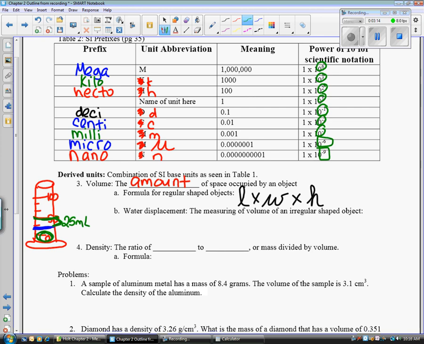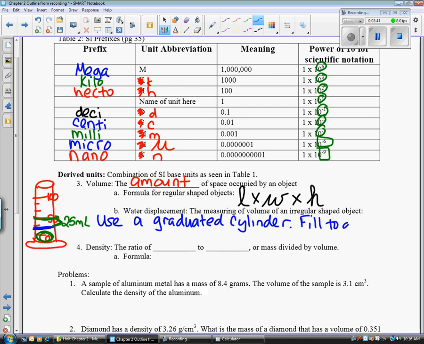So water displacement is where we use a graduated cylinder. I'm just going to write it out in words so that if you don't understand my fabulous drawing, maybe you'll understand the words. You use a graduated cylinder. You fill it to a certain point, drop the object in, and subtract the new volume from the old.